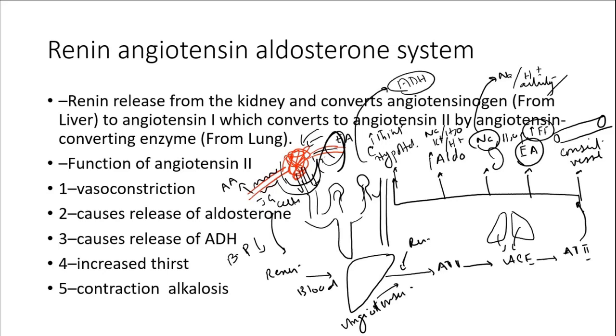ADH will increase water reabsorption. So these are the multiple function of angiotensin 2. So this is how it maintains blood pressure, by constricting the vessel, constricting the efferent arteriole, by reabsorbing more sodium, by producing aldosterone through adrenal gland, by increasing thirst via ADH.